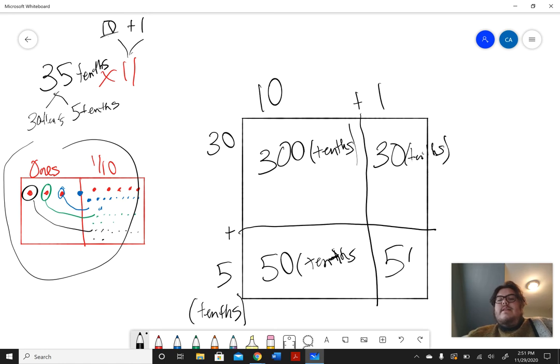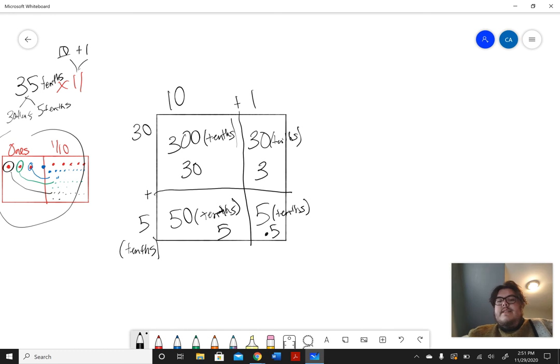And guess what? This is 5/10. Okay, so if we wrote these numbers in standard form, 300/10 would be the same thing as 30. 30/10 would be the same thing as 3. 50/10 would be the same thing as 5. And 5/10 is the same thing as a decimal 0.5. If you don't believe me, you can use a place value chart to double check that.